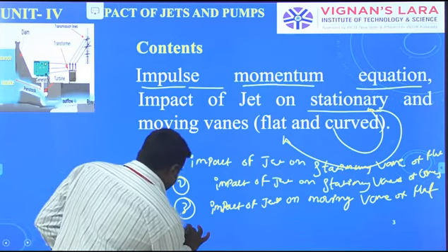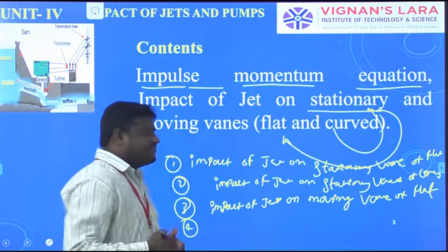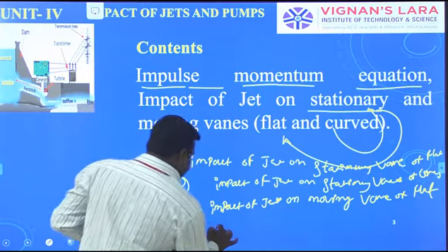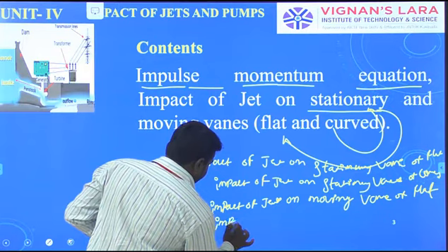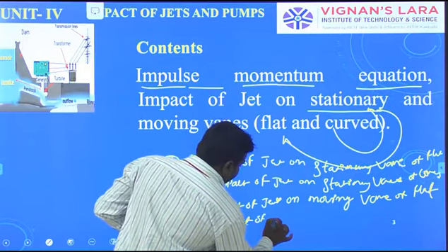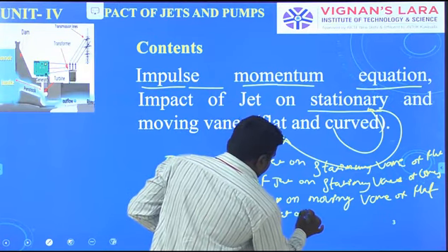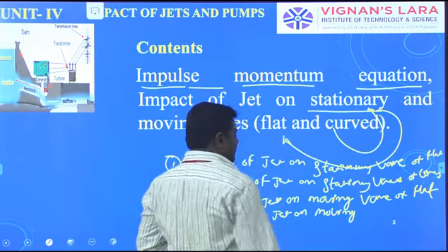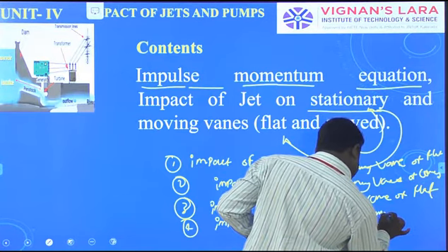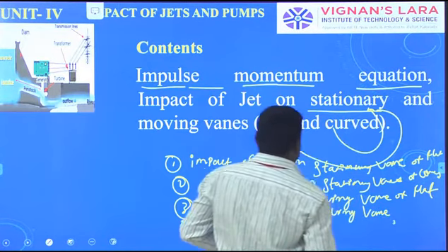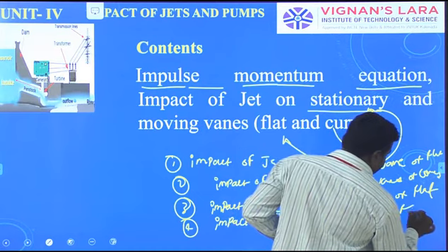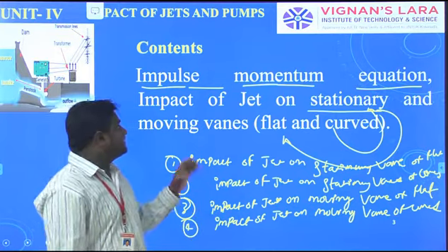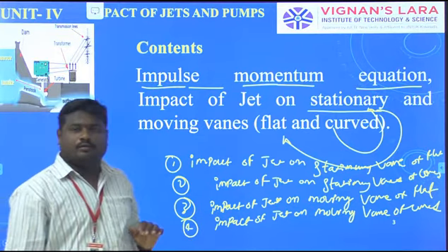And the fourth one is impact of jets on moving vanes of curve. These four things are there in this topic.